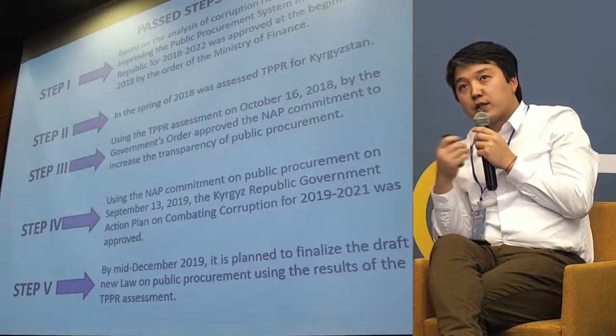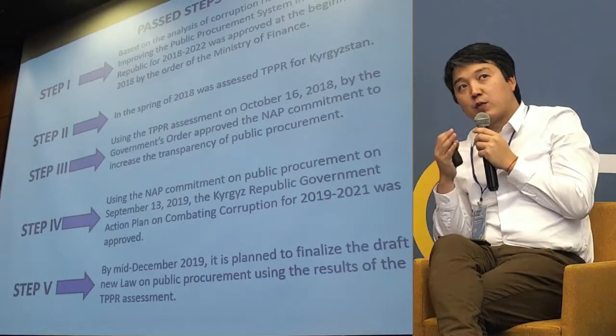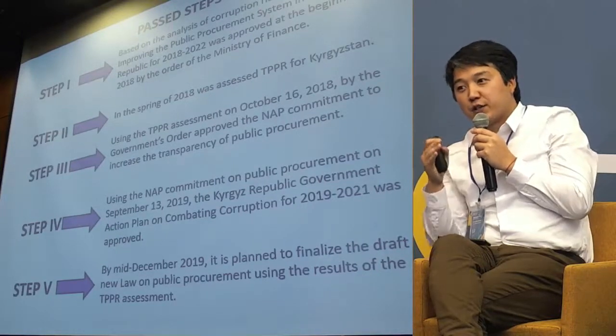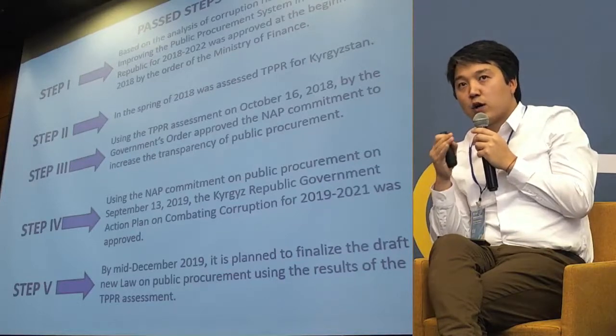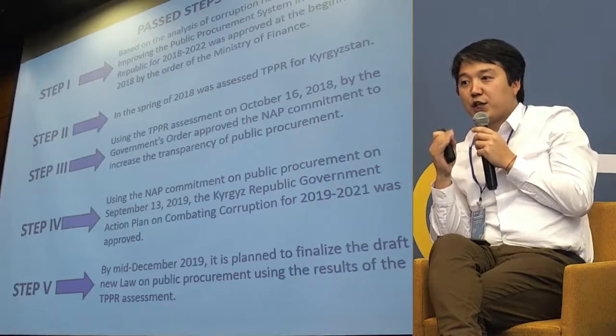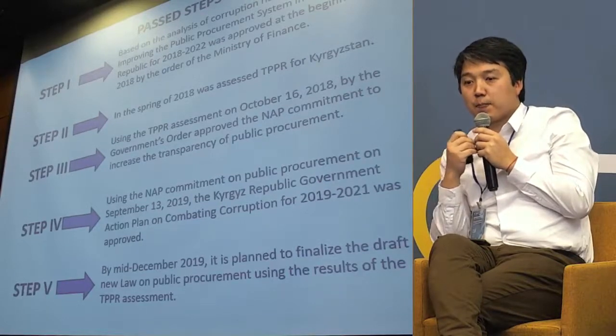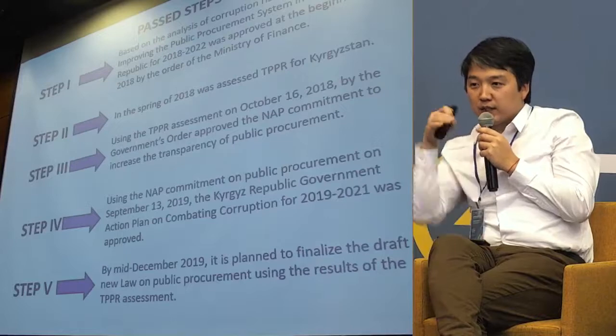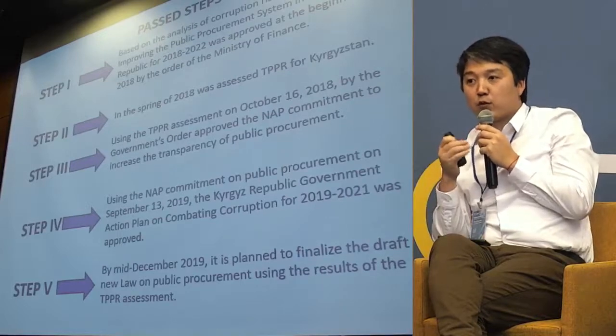But I have to mention that this kind of measure was like a vision. There was no certain recommendation on which kind of changes had to be put into the law on public procurement.